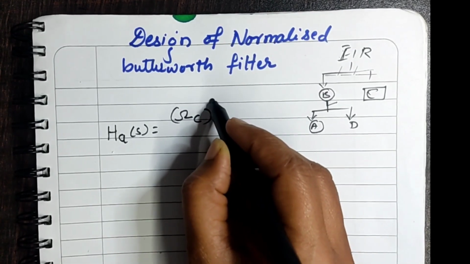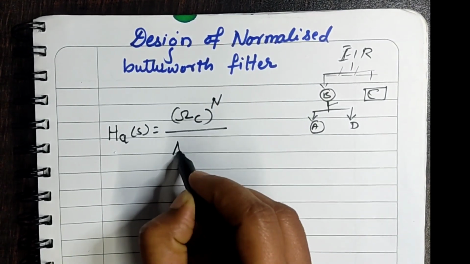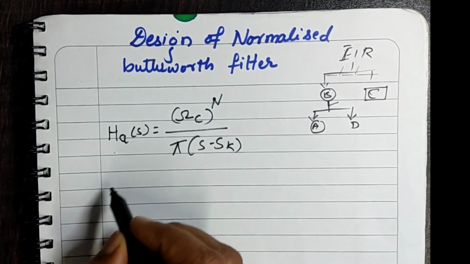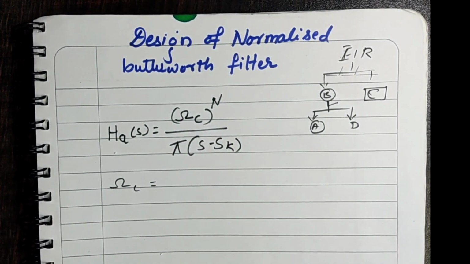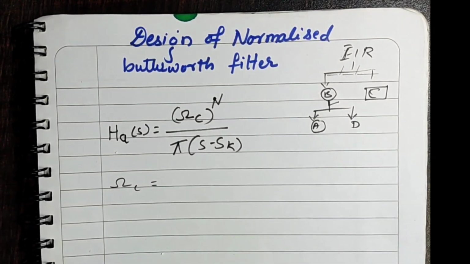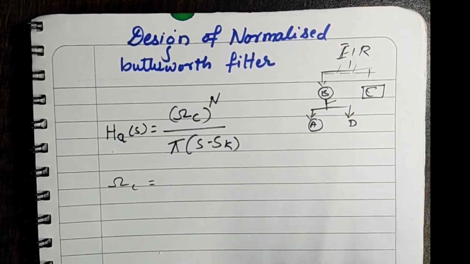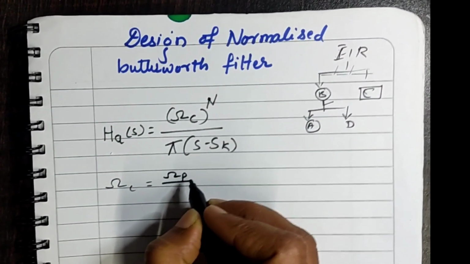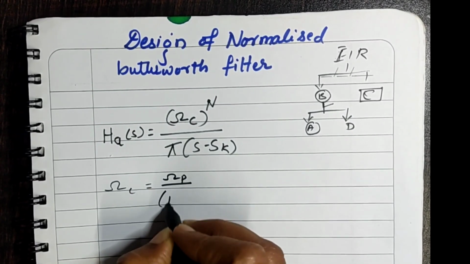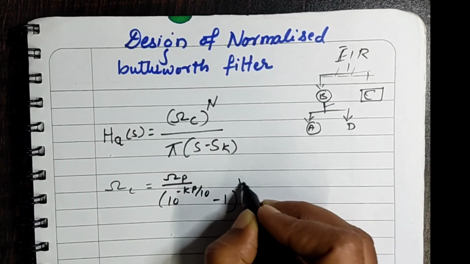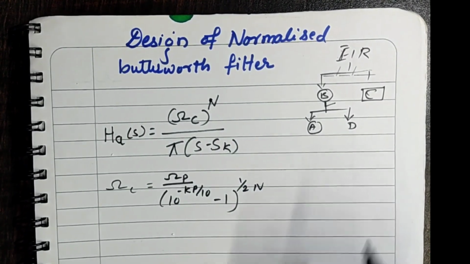Ωc raised to n divided by the product of (s minus sk). Here Ωc is the cutoff frequency, which can be calculated by the formula Ωc is equal to Ωp divided by (10 to the power of minus Kp by 10, minus 1) to the power of 1 by 2n, in radians per second.